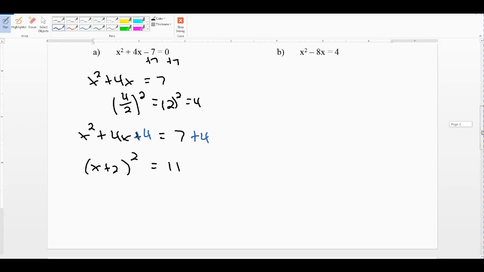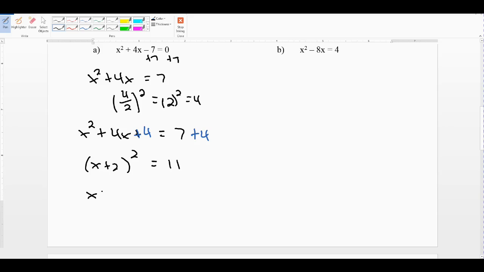And then we're going to finish it by using the square root property. Which means to get rid of the exponent of 2, we square root both sides. The only thing you must remember is plus or minus. So this square root and this square cancel, leaving x plus 2. And over here we have plus or minus the square root of 11.